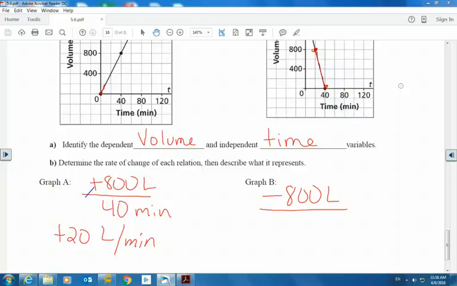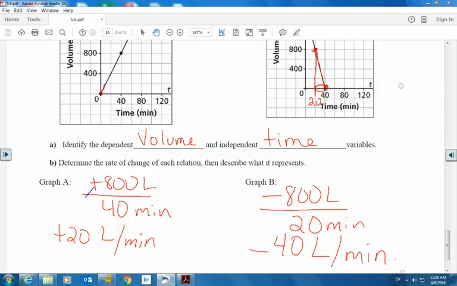What are you noticing right there on the graph? That this starts at, right here, that's 20. So what's the difference here? That's 20. So that's why over here we have 20 minutes. Good observation. So what's my rate of change for this one? Minus 40 liters per minute.